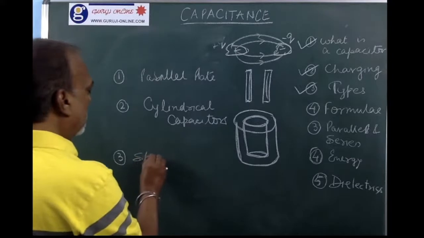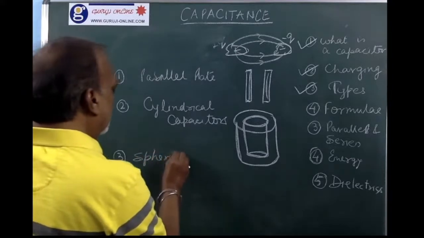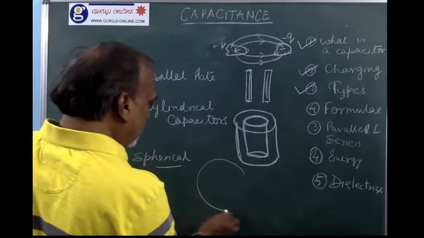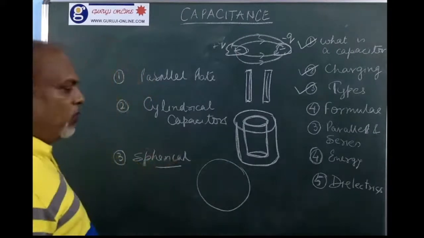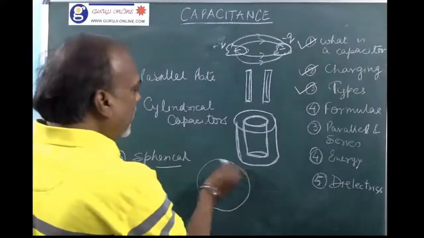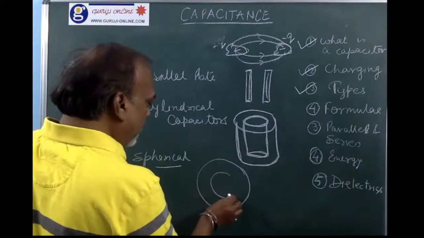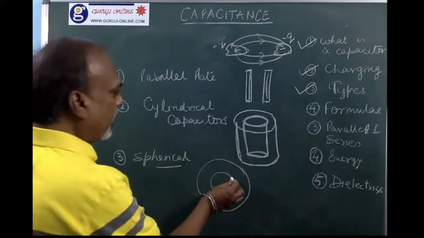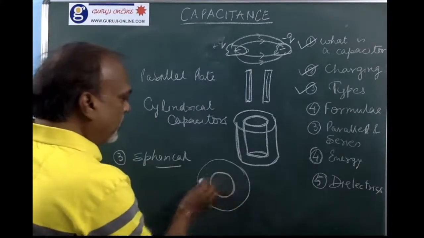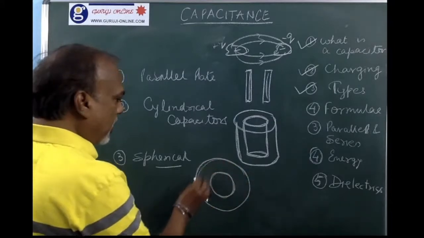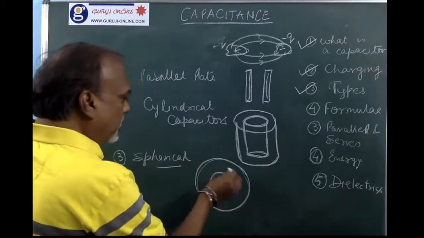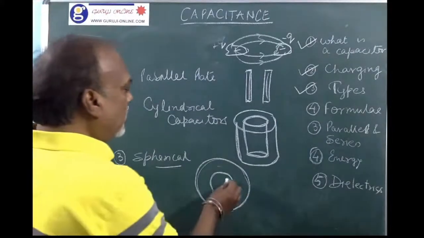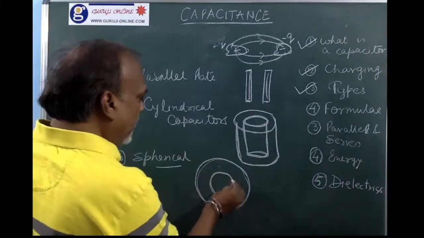Then spherical. In the sphere also, one sphere is there, and inside this another sphere is there. So this is one sphere and the outer sphere, and there is a gap between them. This is the outer surface of the inner sphere.